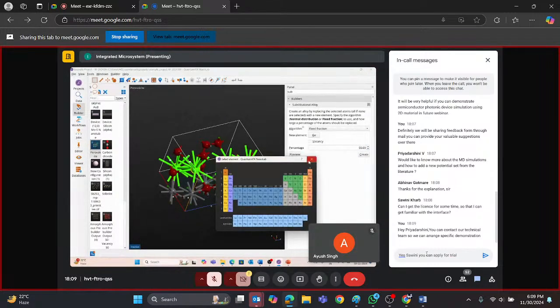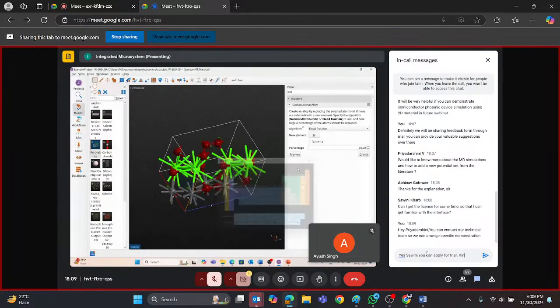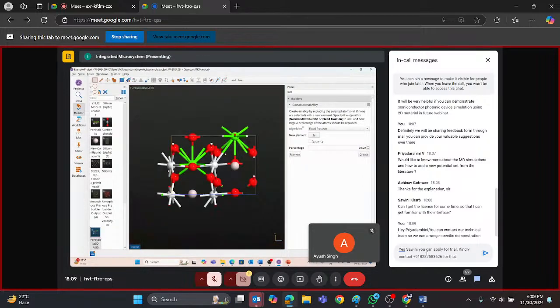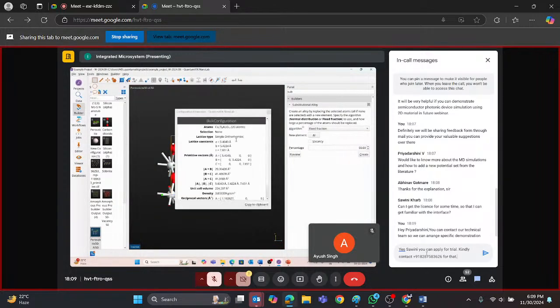Any of the elements you can choose. Suppose you want to go with the aluminum, you can say aluminum has been replaced 50%. Now you can see we have the calcium, we have the titanium, we have the aluminum, and we have the oxygen.